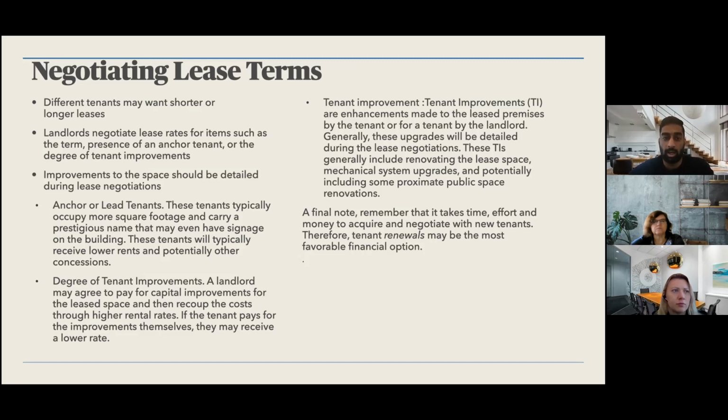Degree of the tenants' improvement. In a lot of commercial assets, there are tenants who agree to make the improvements in the asset themselves, and they receive a lower rate. For example, there are certain tattoo studios who require a creative space, and in order to do that, they sign an improvement clause with the landlords.